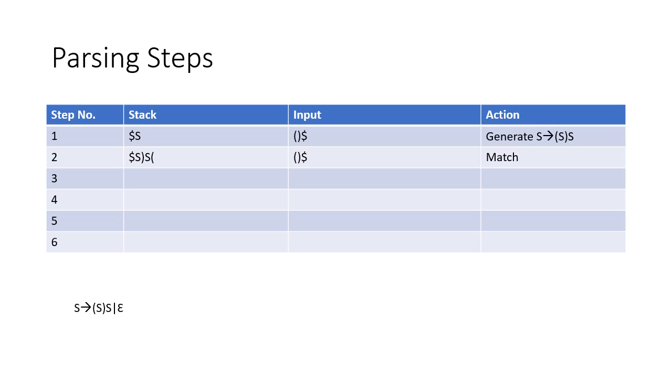So this is how, after pushing, the stack contents will look. This S will no longer be there, it will be popped from the stack, and this part, which is our alpha, will be pushed to the stack.